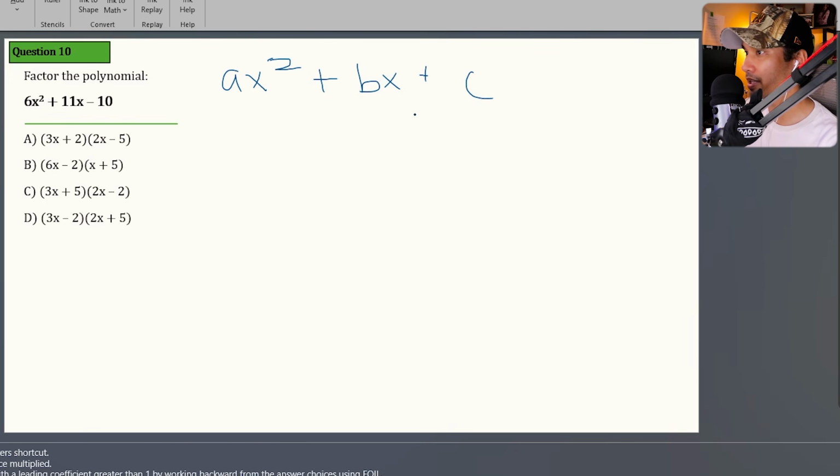That's what I mean by that. The coefficient now is not 1, it's greater than 1. And when it's greater than 1, this could get tricky.